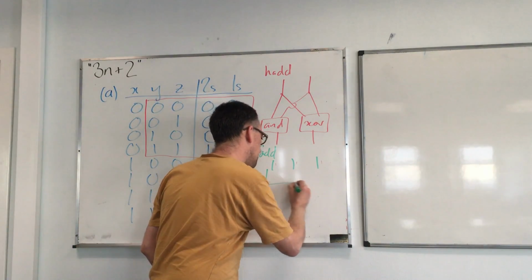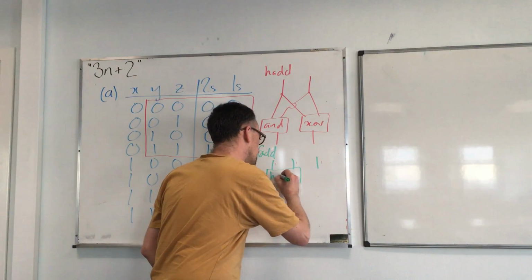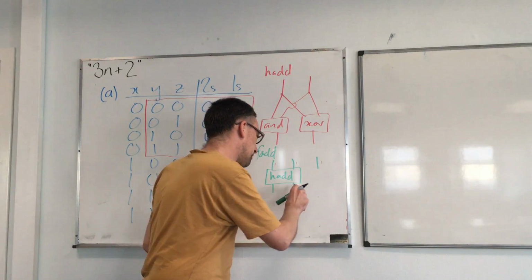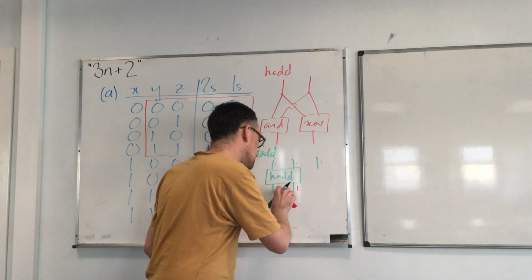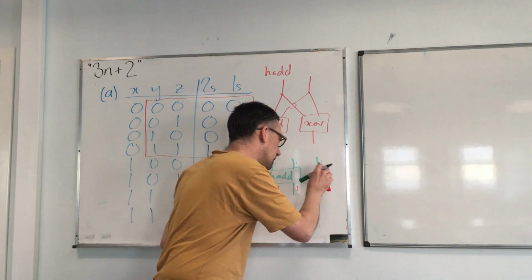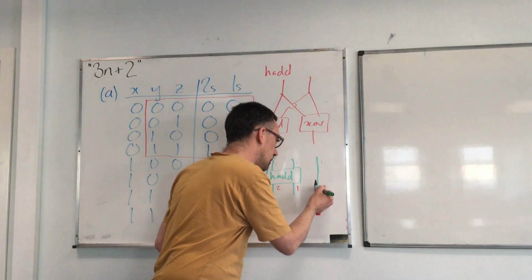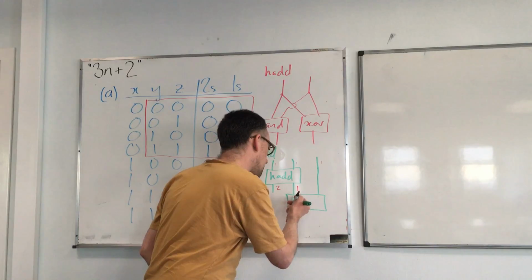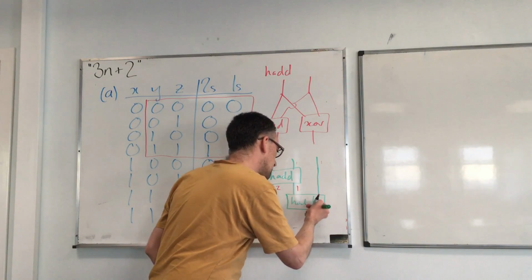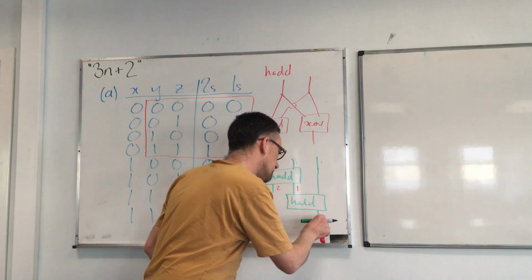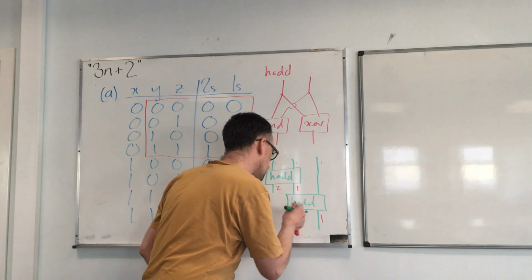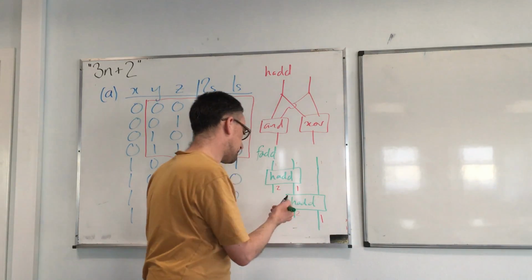We add the leftmost 2 with a half adder, and out come bits of place value 1 and 2. And then we need to add a bit more, add the other one in with another half adder. Out come the 1's of the answer, but we also have another signal of place value 2.